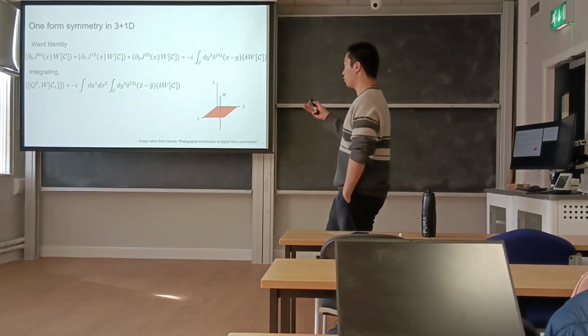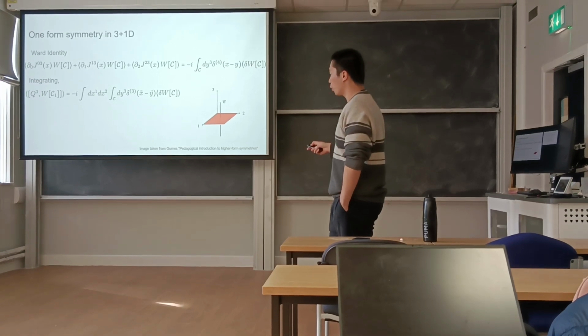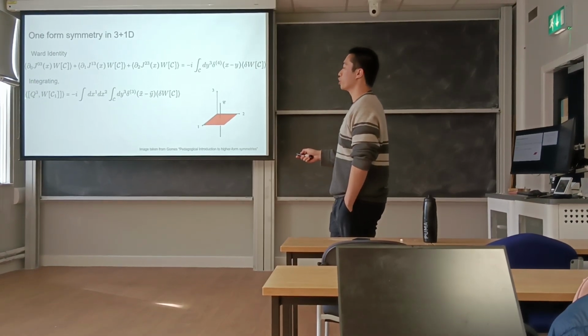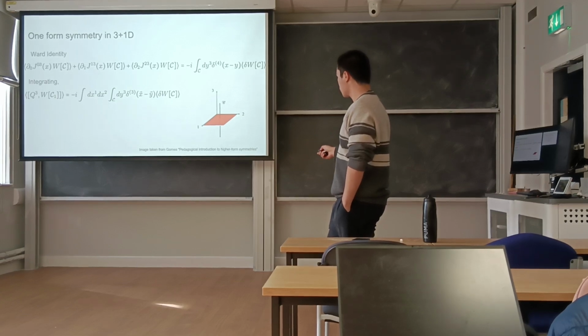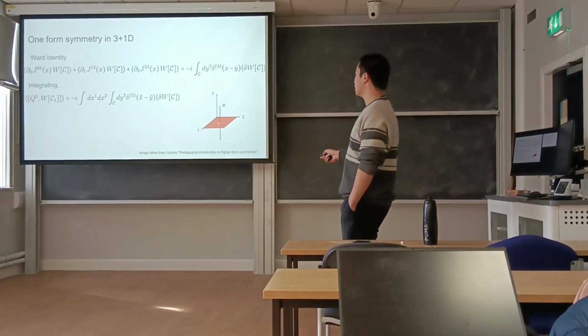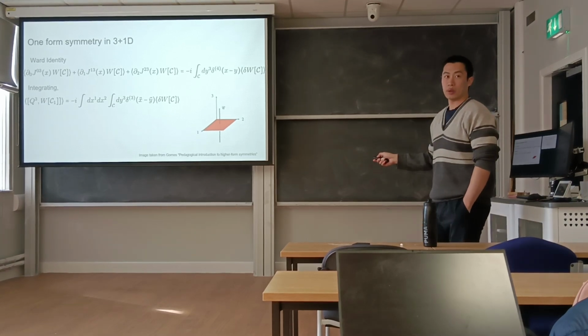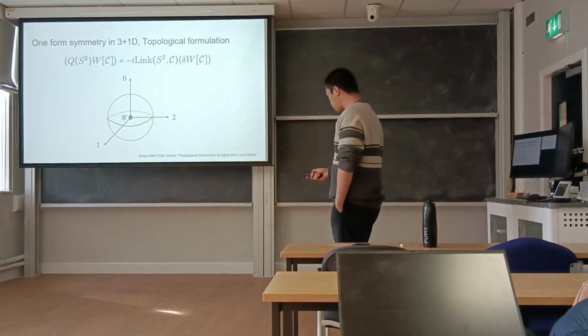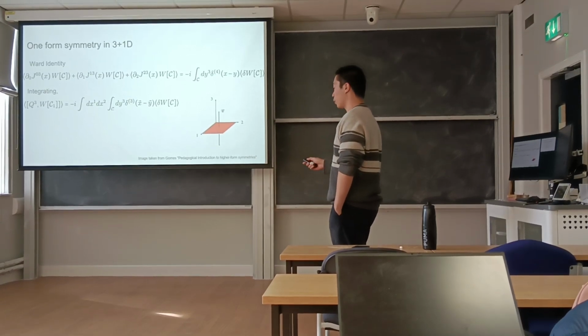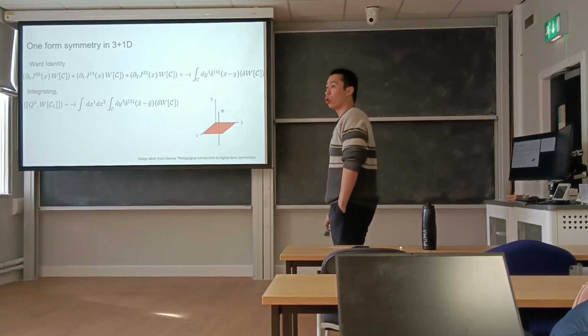And again, we have the Ward identity. We integrate to get a commutator between the charge and the line operator. And also, we see that we have this C puncturing the plane that we're integrating over. Now, we remember that we are in 3 + 1 dimensions, so we can't actually graph the whole space.